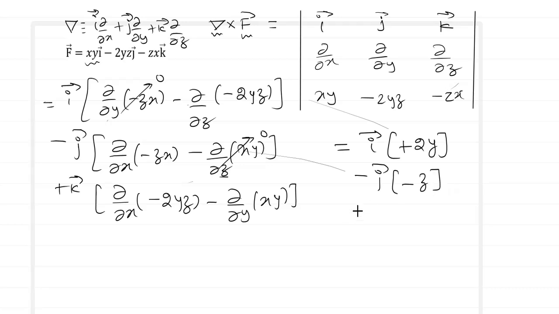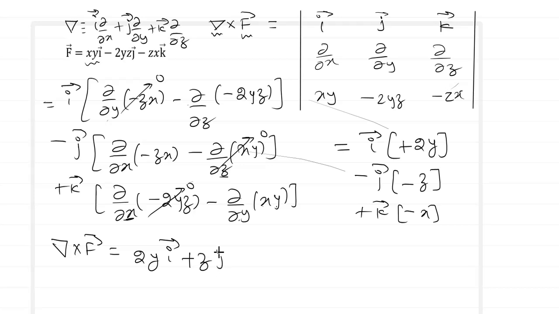So j is over. k times of, what is going to be the first term? x, but no x, so this will become 0. Second term becomes, with respect to y, I have minus x. So my del cross F vector is 2y i vector, minus into minus plus z times j vector, minus x times k vector. So my del cross F is over.